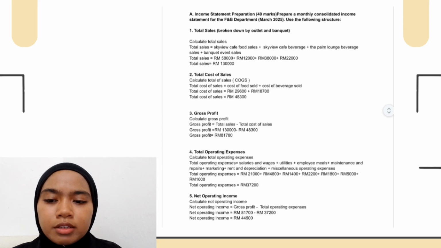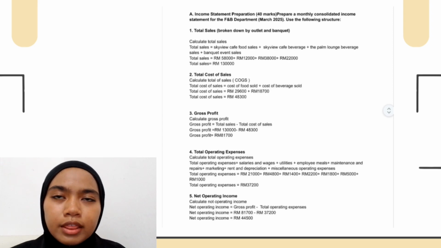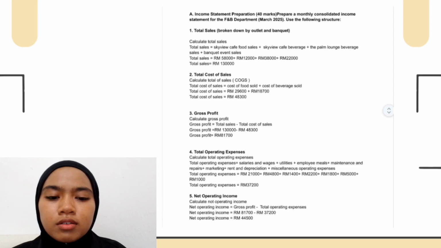Total operating expenses is 37,200. For number 5, net operating income is gross profit minus total operating expenses: 81,700 minus 37,200 equal to 44,500.